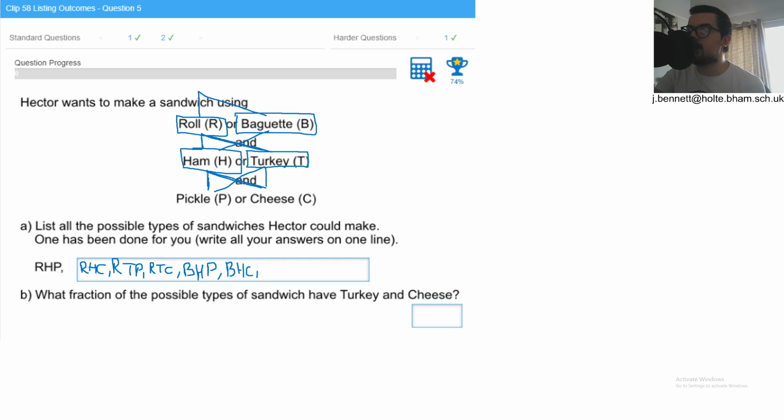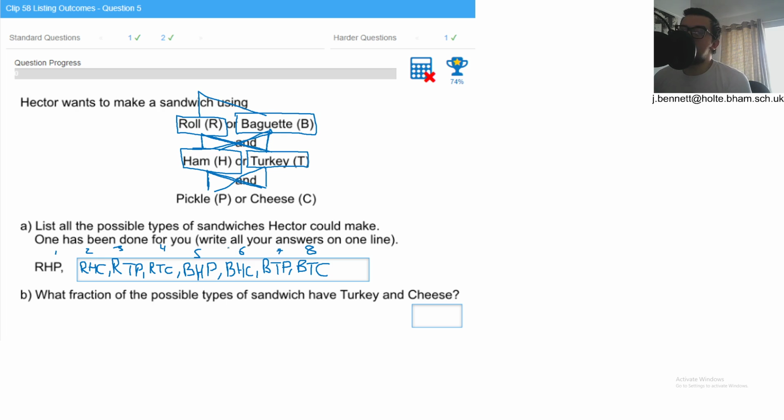We go up from the ham, so we go back to the baguette, and now we go to turkey. So baguette turkey pickle, or baguette turkey cheese. And that's our answer. We have 8. We have 1, 2, 3, 4, 5, 6, 7, 8.